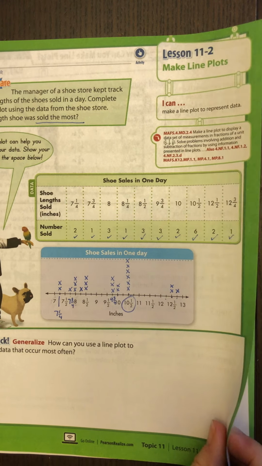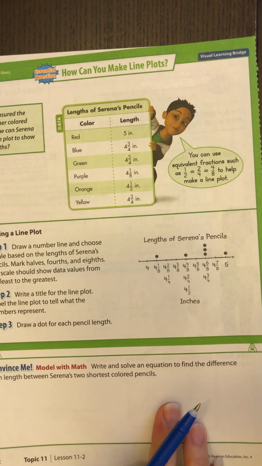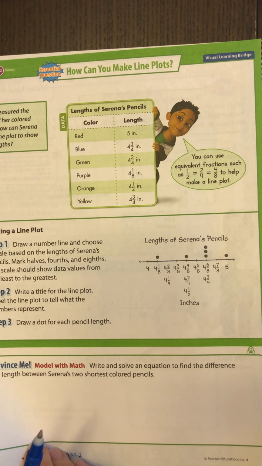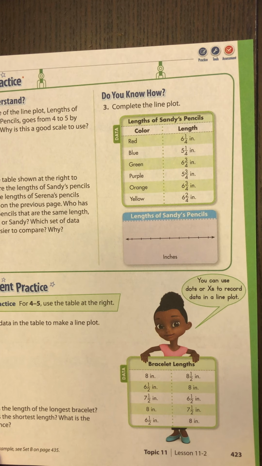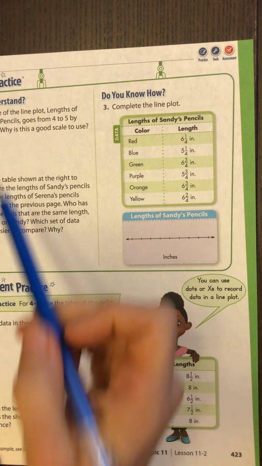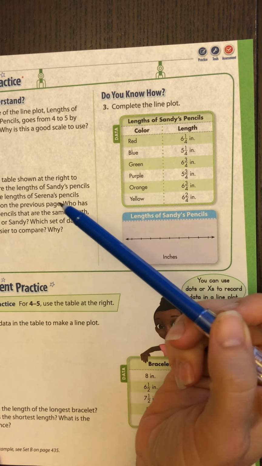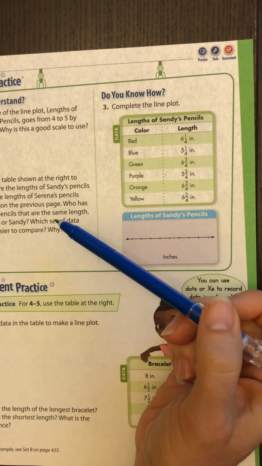All right. Then after this video, you'll do page 422, following along with your visual learning video. We are not going to be able to do this one without looking at the visual learning, which we're not going to do right now.